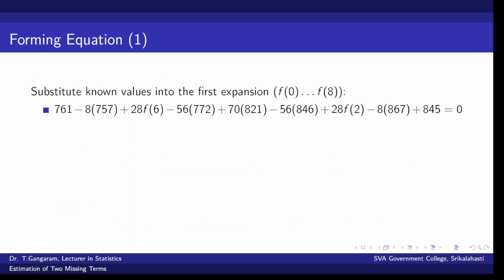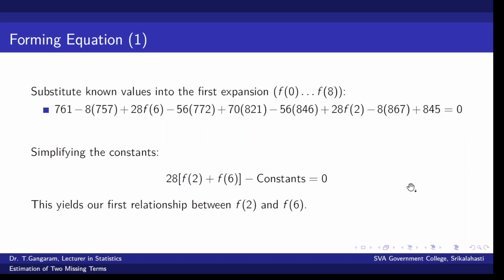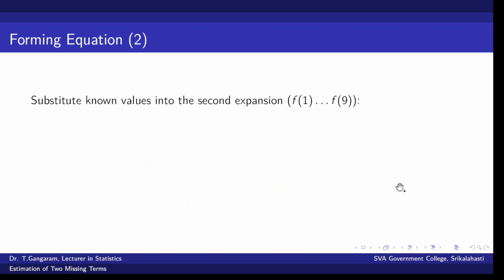By substituting the values in the expression, we will get the first equation like this. By simplifying the equation, 28 into f of 2 plus f of 6, these are the unknown values, must be equal to 1. This yields our first relationship between f of 2 and f of 6.